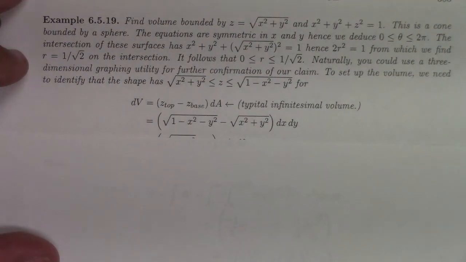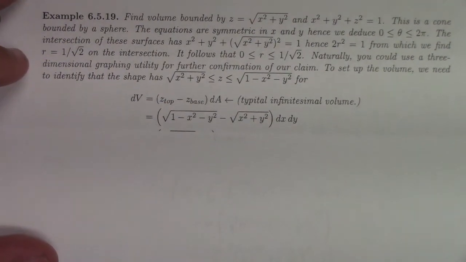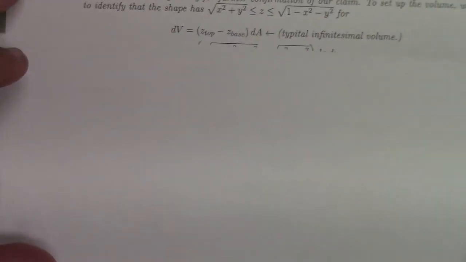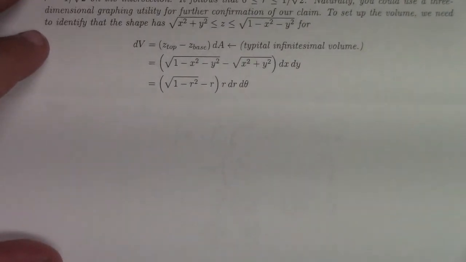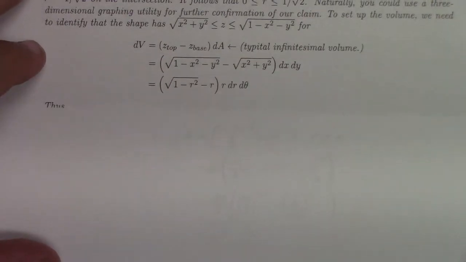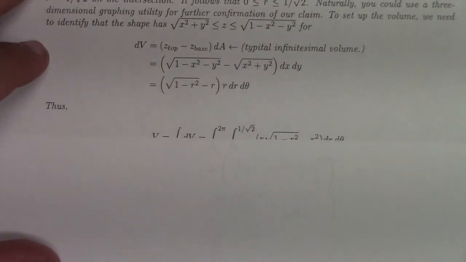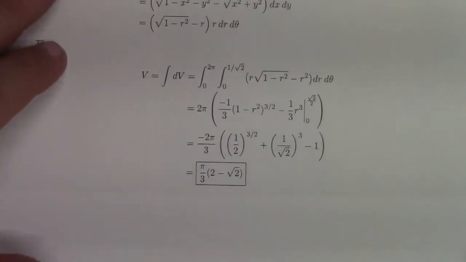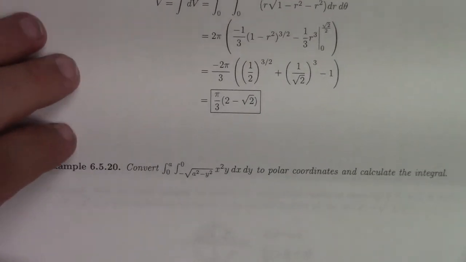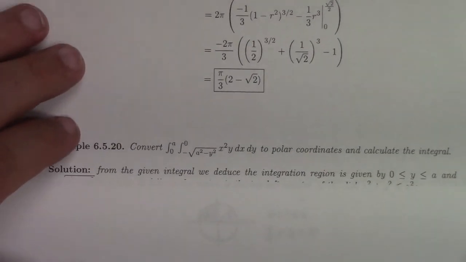So let's see here. I'm finding the volume in terms of the top z minus the bottom z integrated over A. It's like a typical infinitesimal volume. And so that ends up being square root of 1 minus r squared minus r, r dr d theta, and then I integrate that like so, and get that.